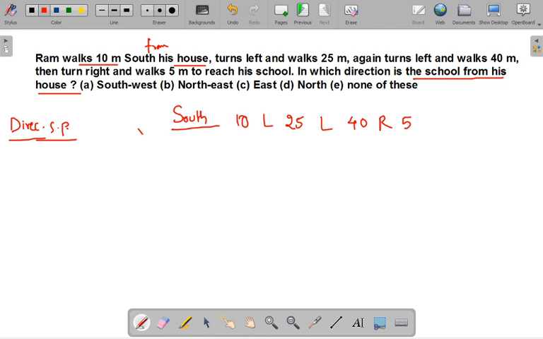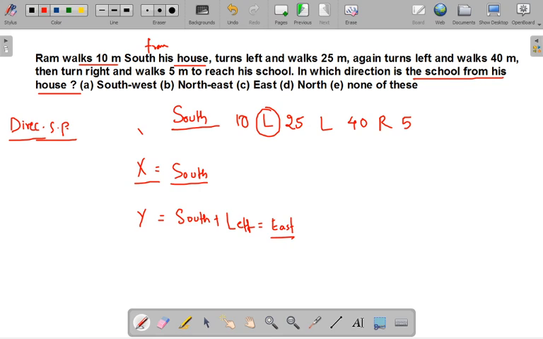So original direction of x is south, and original direction of y is south plus the first turn, which is the left. South plus left. South plus left is east. Now let us find out the value of x and y.